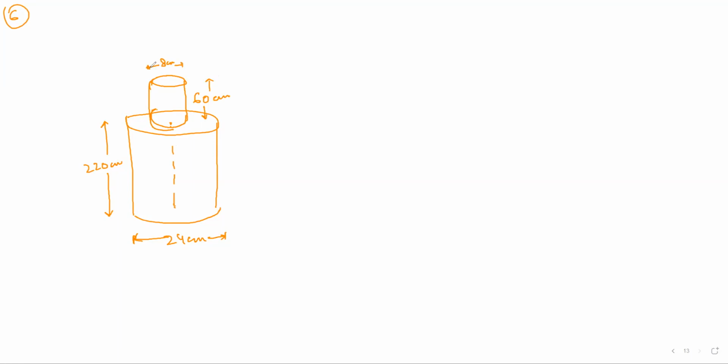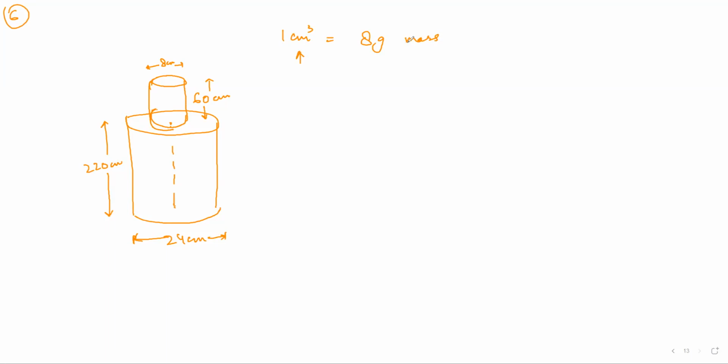Find the mass of the pole, given that 1 centimeter cube is equal to 8 gram of mass. So first of all, you will find the volume, which will be in centimeter cube, and then you will convert this into grams. That is the second part of the problem. Use pi is equal to 3.14.